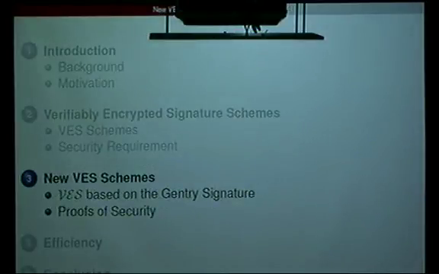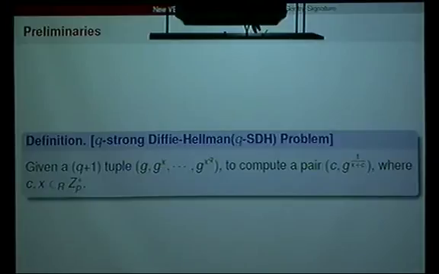Next, I will give the VES scheme we invented. Our VES scheme is based on the q-strong Diffie-Hellman problem. We briefly call it the q-SDH problem.